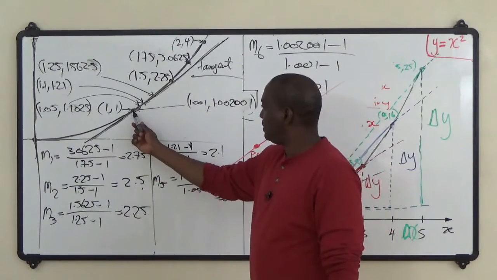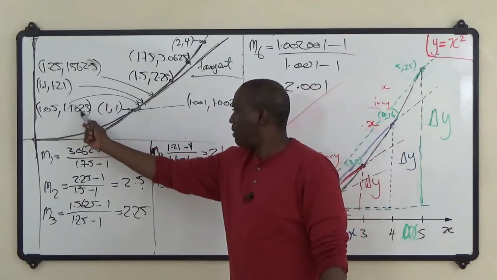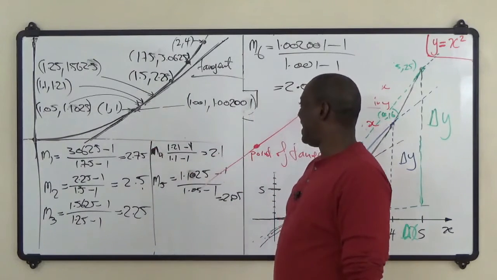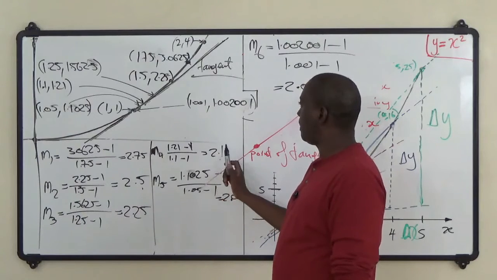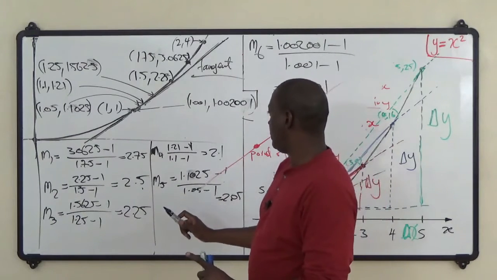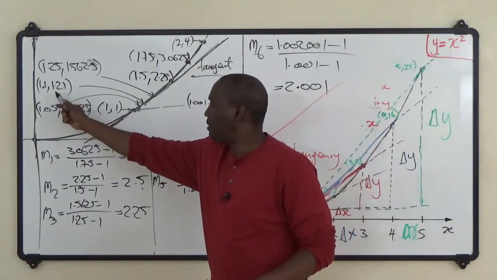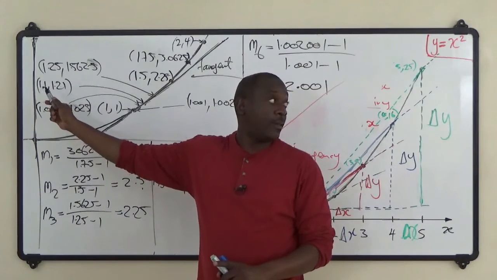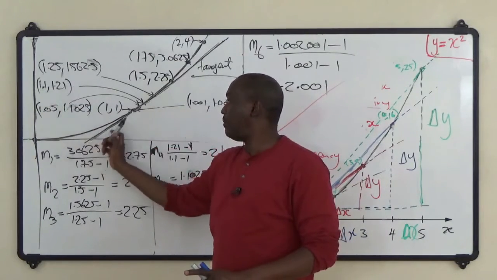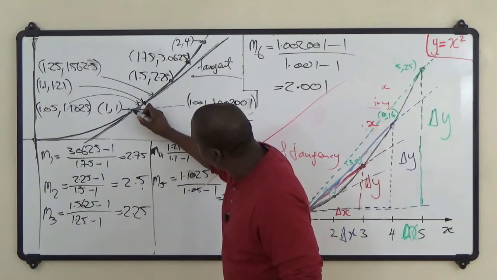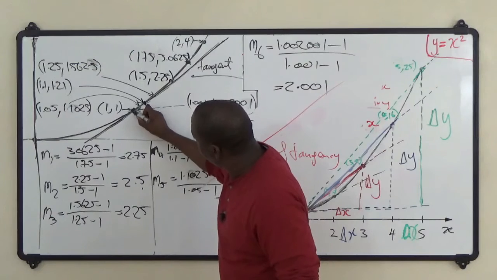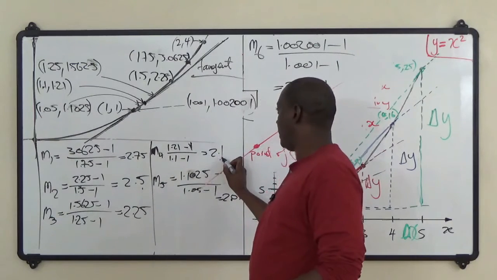Between this point, 1.1, 1.21, and 1, the gradient is 2.1.